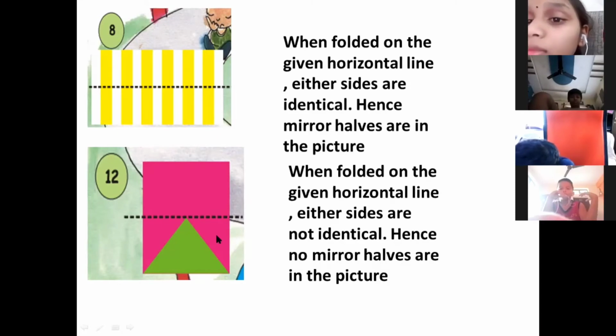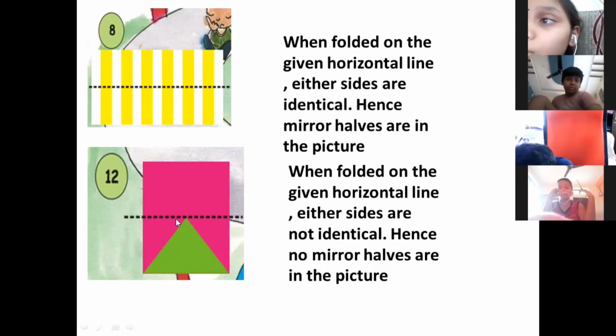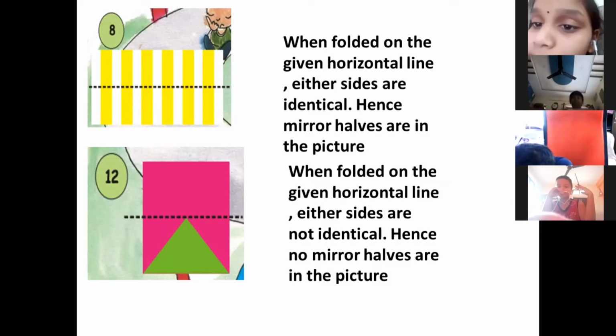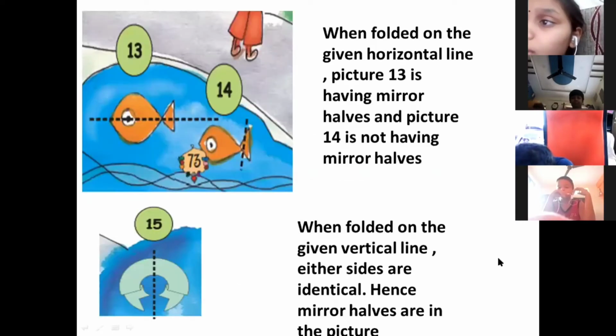What about this picture? The first picture. Folded towards the horizontal line, both the sides are not identical. So this picture is not having a mirror half. And this 13th one?